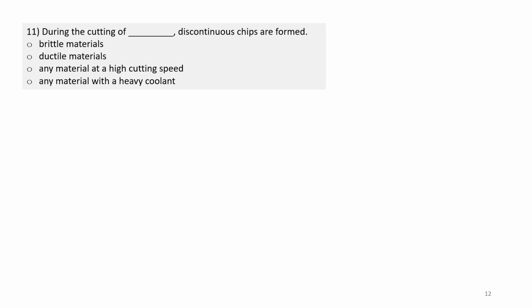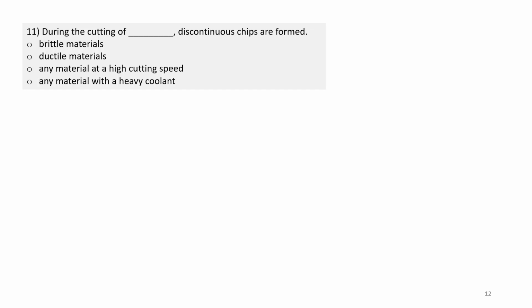Next question: during the cutting of blank, discontinuous chips will be formed. Your options are brittle material, ductile material, any material at high cutting speed, or any material with heavy coolant.